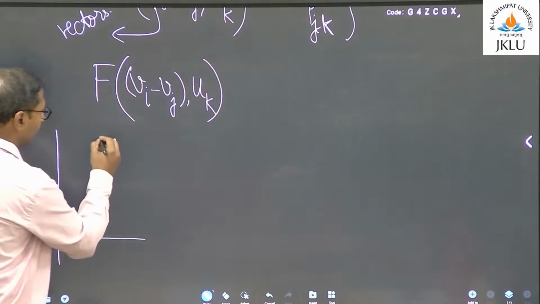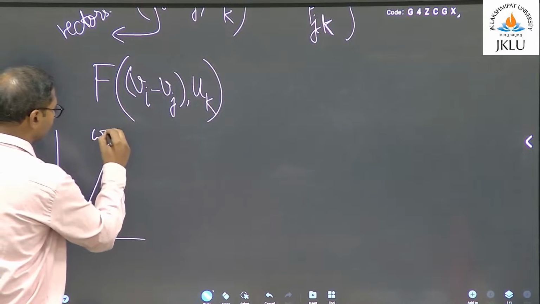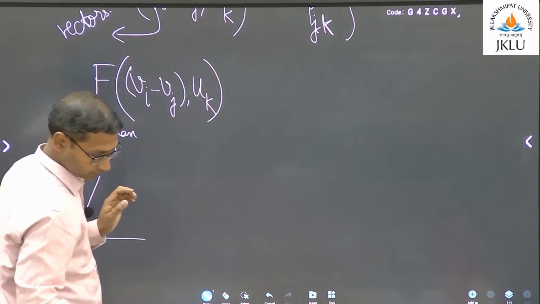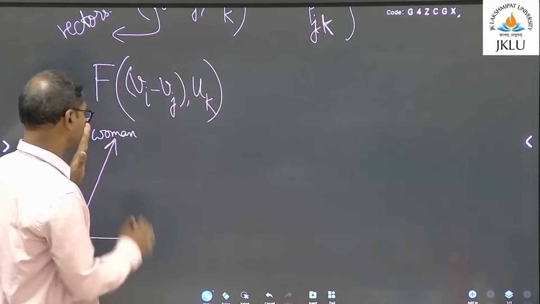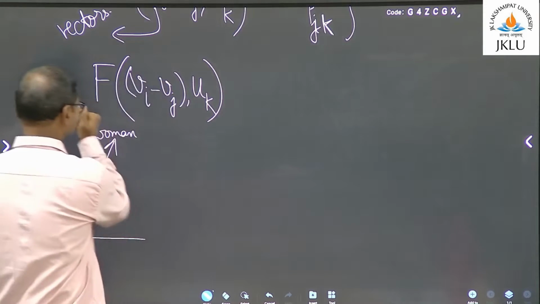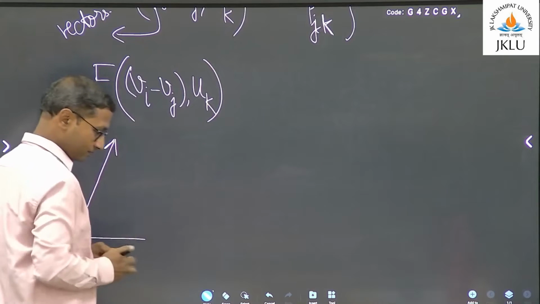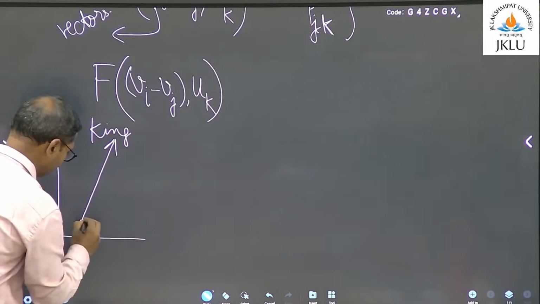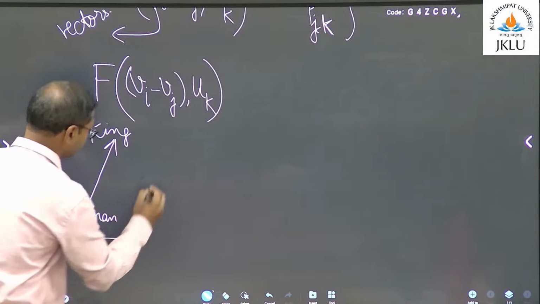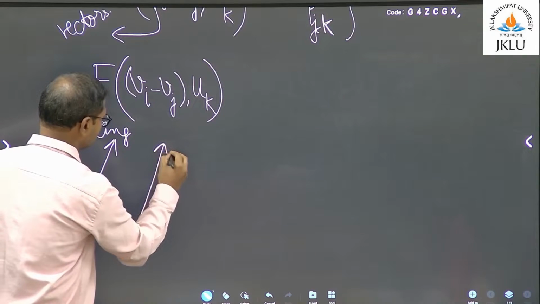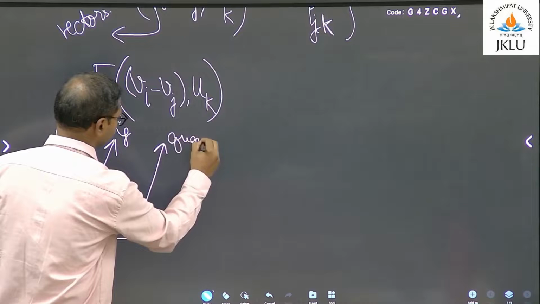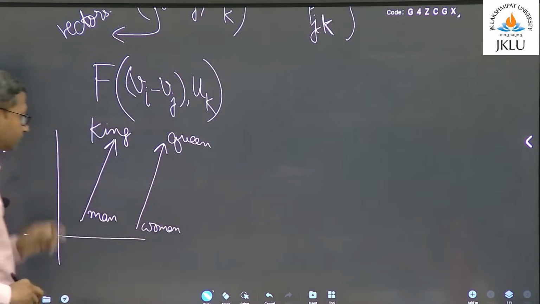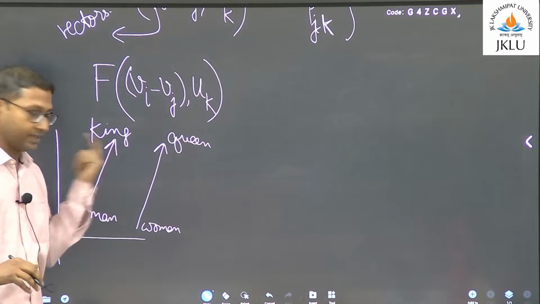Now this was our woman, so what I want is king, man, and then something like this happens, queen, woman. These 2 vectors, what are they?